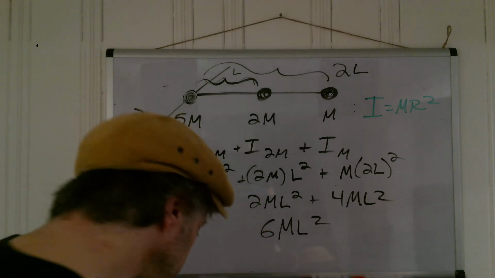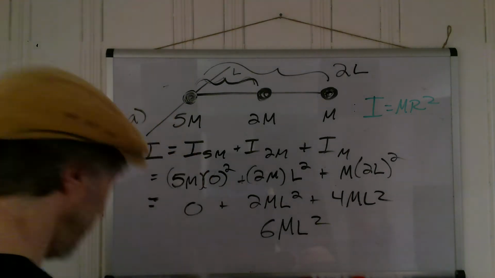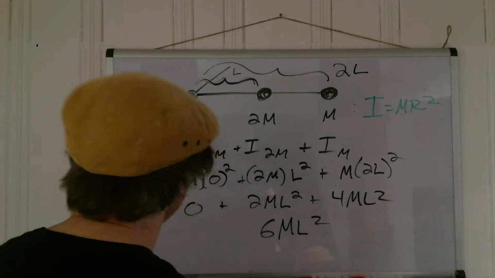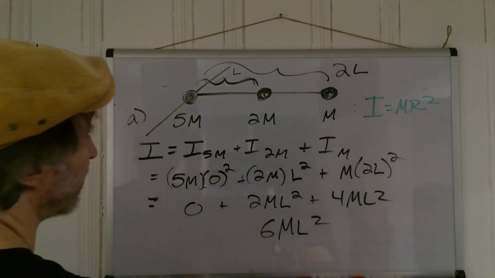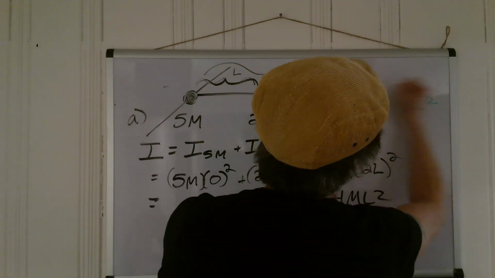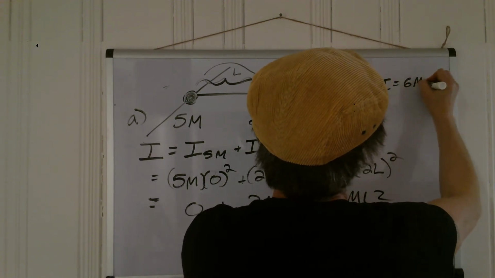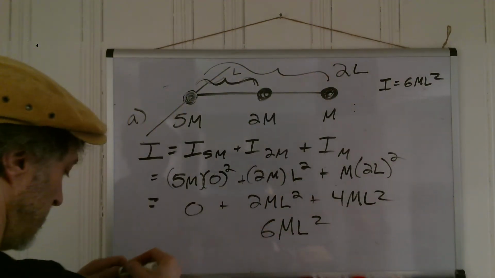All right? Now, part B gives us the numbers, and it asks us to find the starting angular acceleration of it. Okay. So let's make a note over here. We just found our rotational inertia for the system, and it's 6mL squared. All right.